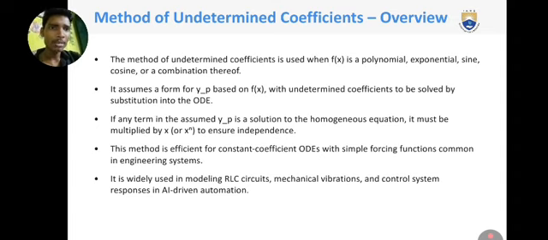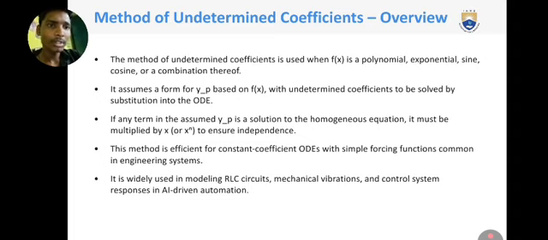It assumes a form for y p based on f of x, with undetermined coefficients to be solved by substituting into the ODE. If any term in the assumed y p is a solution to the homogeneous equation, it must be multiplied by x or a power of x to ensure independence.